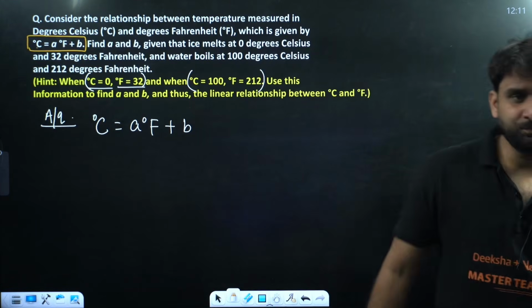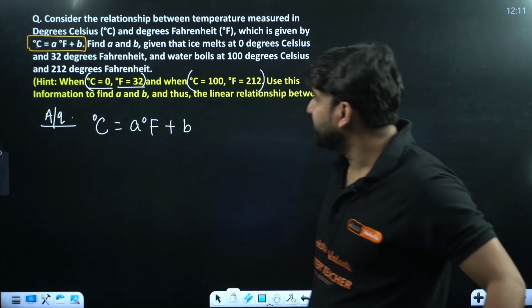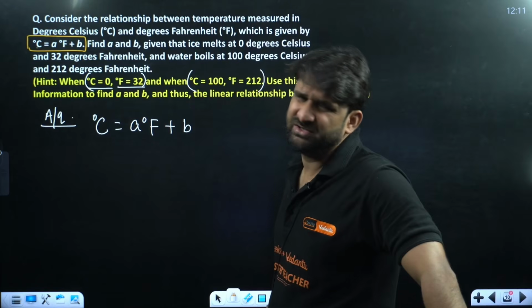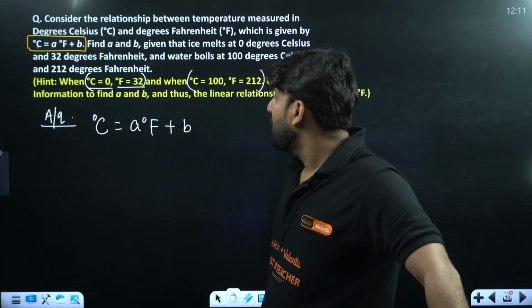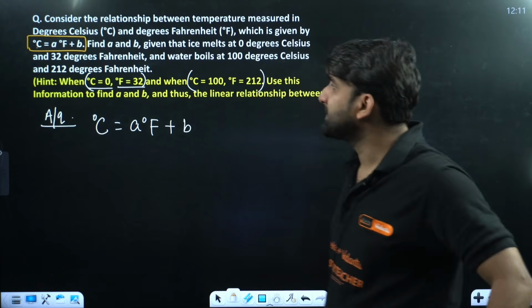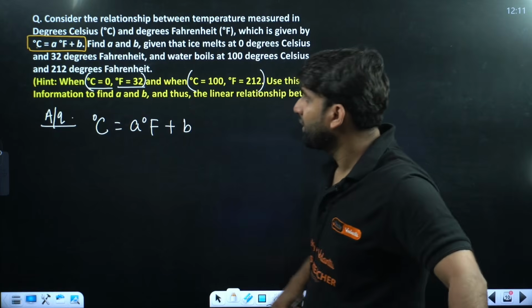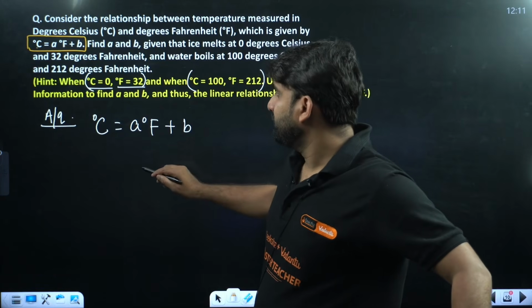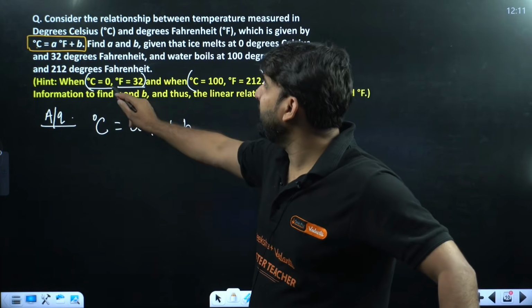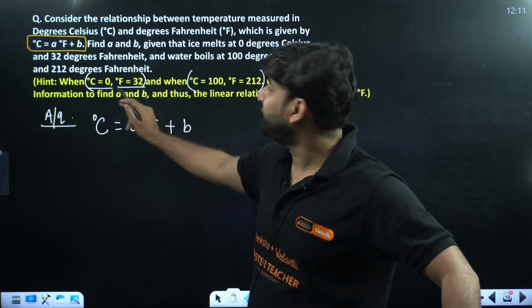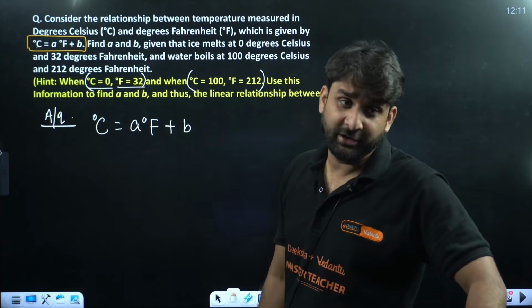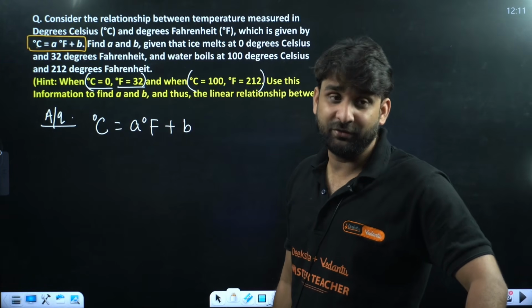So let's do it. My dear students, this is a very easy question. Why is this a very easy question? Listen. When we take 0 degree centigrade, the Fahrenheit will be 32 according to the science concept, according to chemistry.